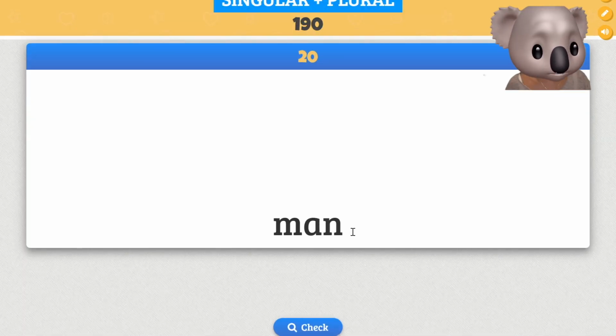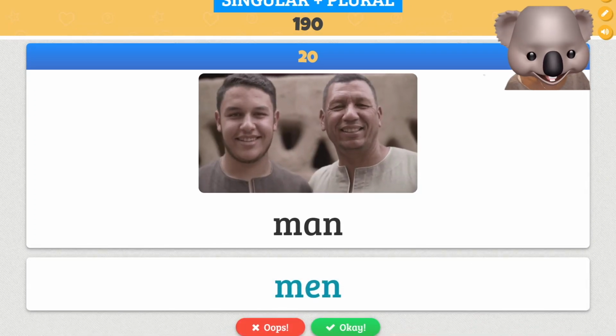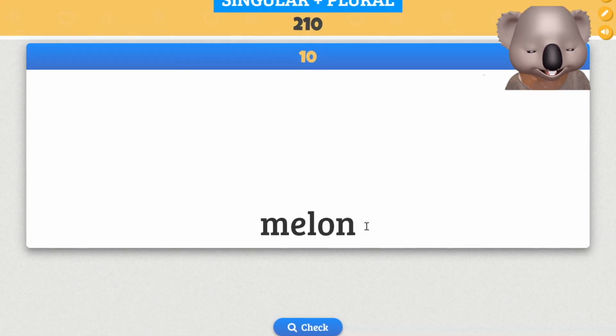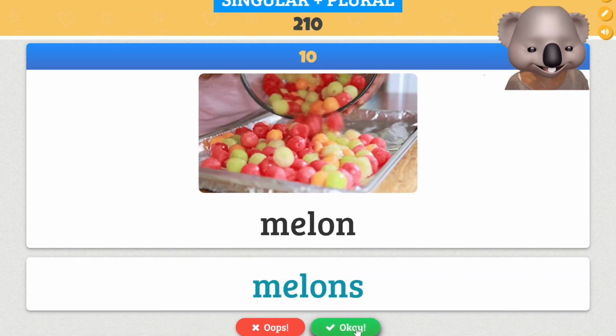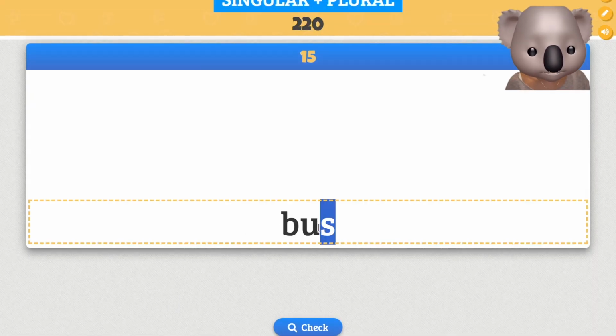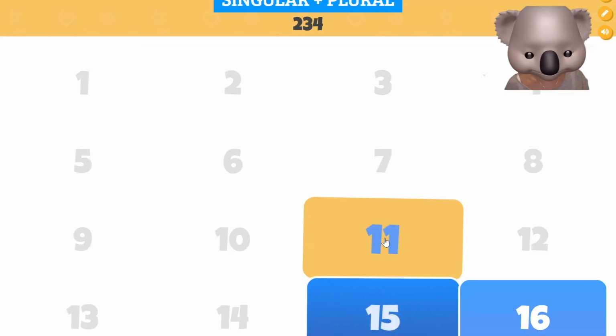Man. This one is irregular. M-A-N가 아니라 M-E-N. Let's do number 14. Melon. 이거 굉장히 쉬워. M-E-L-O-N-S. Great job. Number 13. Bus. Remember, X랑 SH랑 CH랑 똑같이 끝나는 B-U-S-E-S.